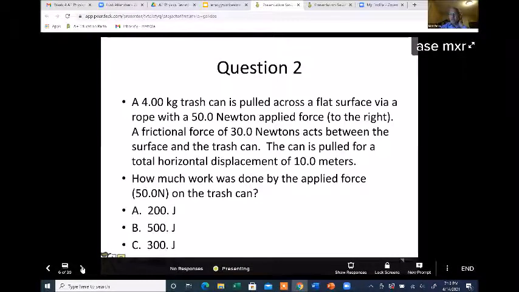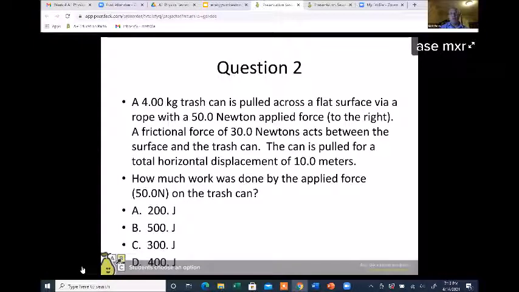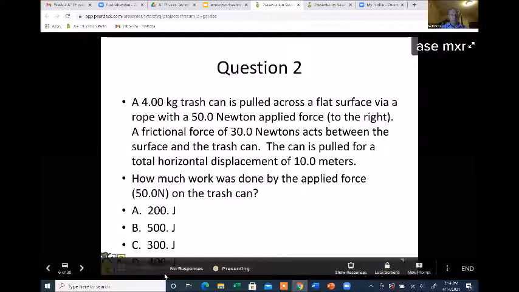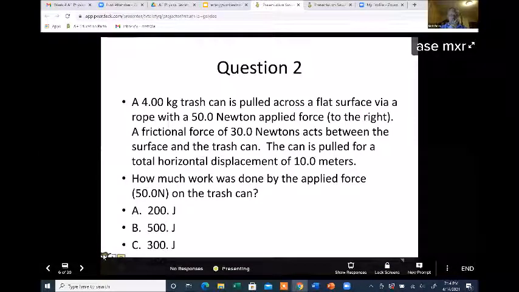All right, notice the next problem, same prompt, but this time we're asking for an amount of work. I'd like for you guys to calculate an answer here. Go ahead and calculate and enter an answer.